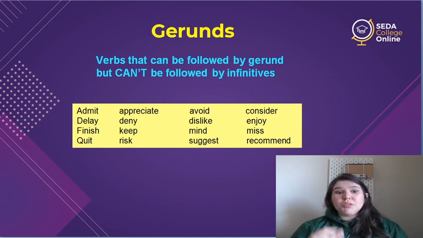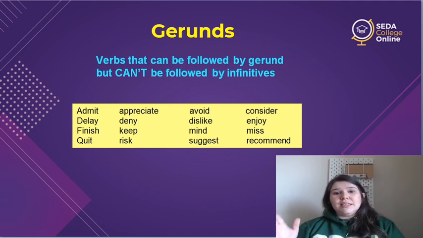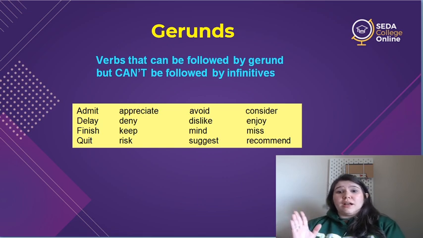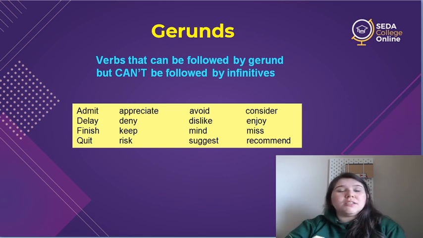And then you know that if you're making a sentence with this verb as a main verb and you need a second verb, this second verb has to be a gerund. It cannot be infinitive, okay? So this is the list of verbs followed by gerund only. They cannot be followed by infinitive form.